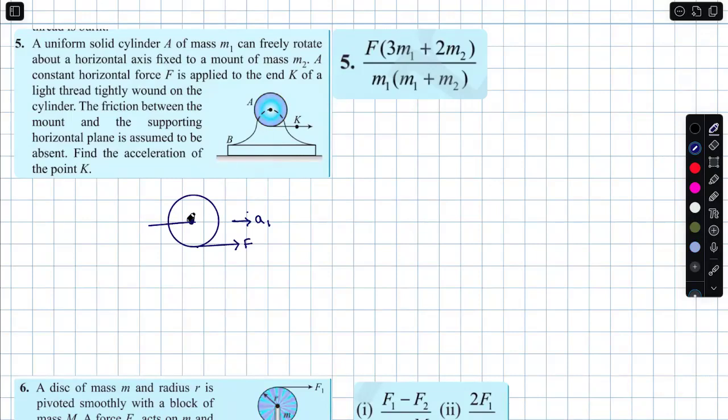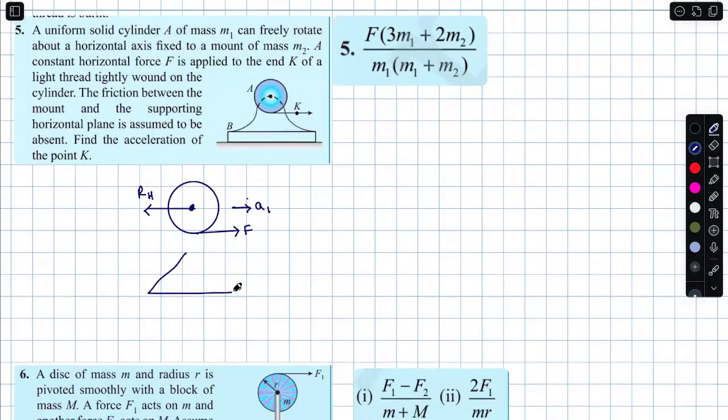Hinge reaction. Let that reaction be R hinge, RH. On the other arrangement, this point will have the same acceleration. So therefore, that will also have an acceleration A1. Now, please confirm, have you understood the free body diagram of both the entities?